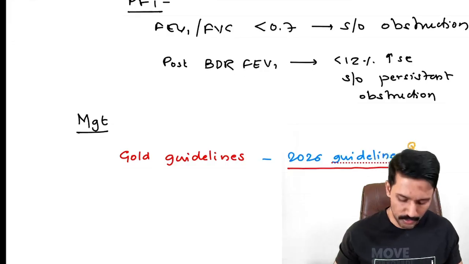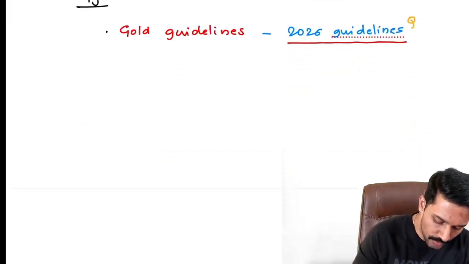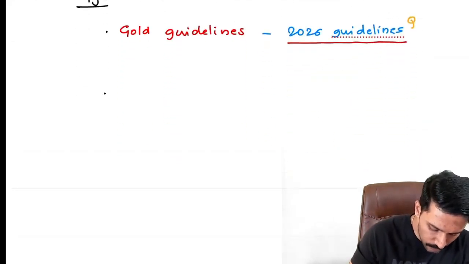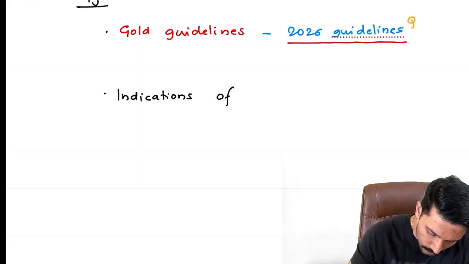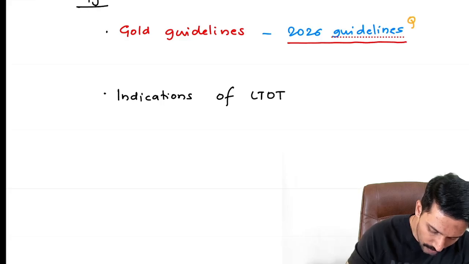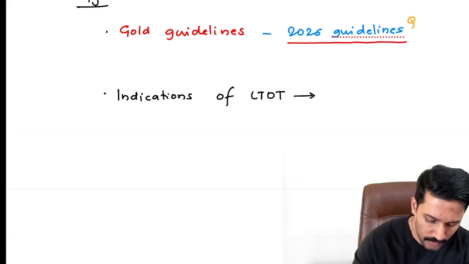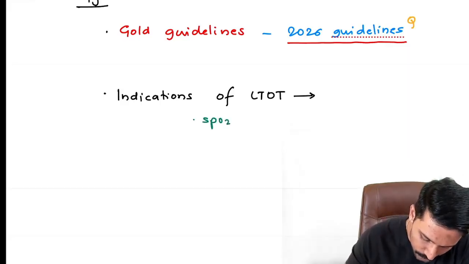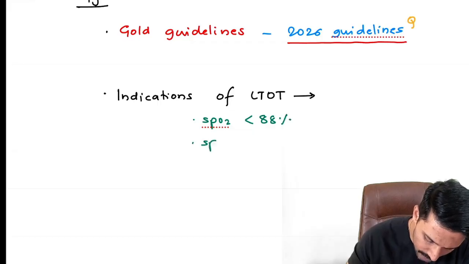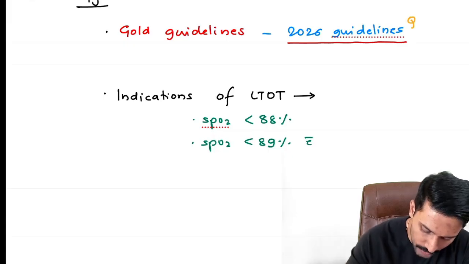That's about COPD. Extra points I want you to know with respect to COPD are the indications for long-term oxygen therapy. What are the indications for long-term oxygen therapy? If the patient has SpO2 less than 88%, or if the SpO2 is less than 89% with evidence of right heart involvement.